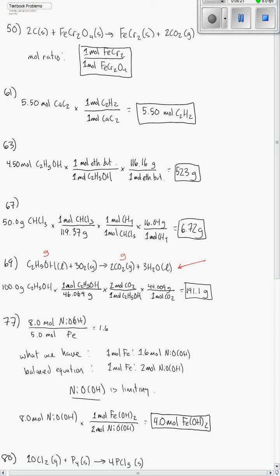We use the molar mass to cancel out grams of our reactant. We use the mole ratio to cancel out moles of our reactant and get moles of our product. In this case, that mole ratio is 2 to 1. After you get moles of your product, you use the molar mass of your product to get grams of your product. And you end up with 191.1 grams of carbon dioxide being produced from this reaction.